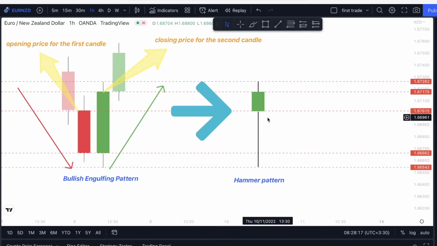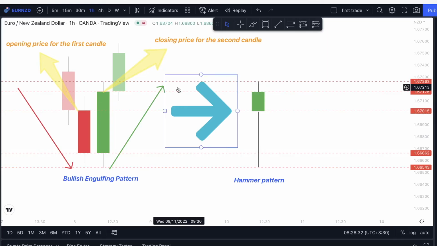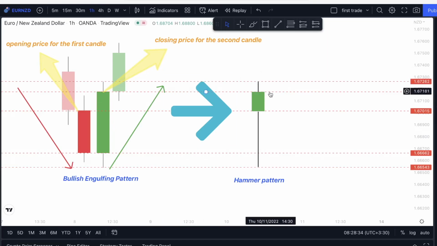The lower shadow will be from here to the lowest point, which is at this level, and we will have an upper shadow from the main body to the highest point, which is this level. As you can see, we have a hammer pattern here.